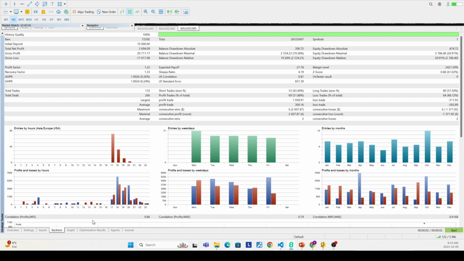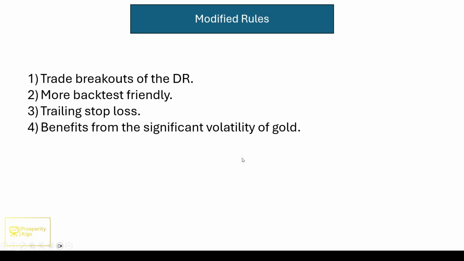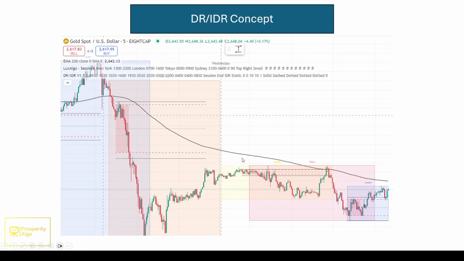So really the purpose of this video was to show that there is definitely a lot of promise and premise behind the DR/IDR concept. However, in order to use it in an algo trading approach, we would need to add some modifications, perhaps some alternative filters. But something which I encourage you guys to test in your own trading strategies is to test breakouts of the DR/IDR.